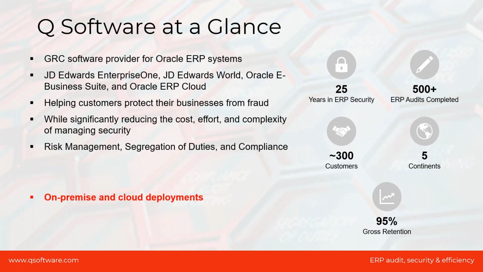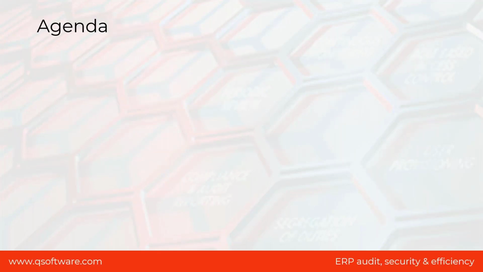Probably the biggest risk management issue people come to us with is segregation of duties and compliance. Q has qualified internal compliance and audit professionals, and we also work with external companies. We have relationships with a lot of the major auditing firms, as you would imagine.